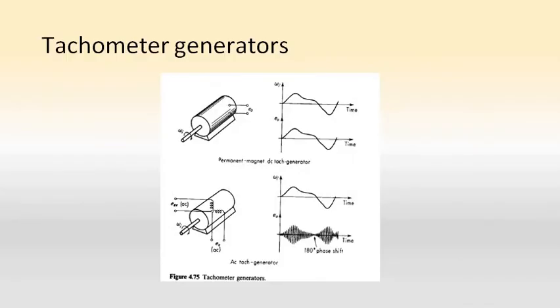And next, moving on to the tachometer generator. The DC tachometer I have explained before, and the figure of which is given here. A DC tachometer is actually a DC generator itself. The design of that DC generator is modified so that it operates as a DC tacho generator. You can see here the angular rotation.